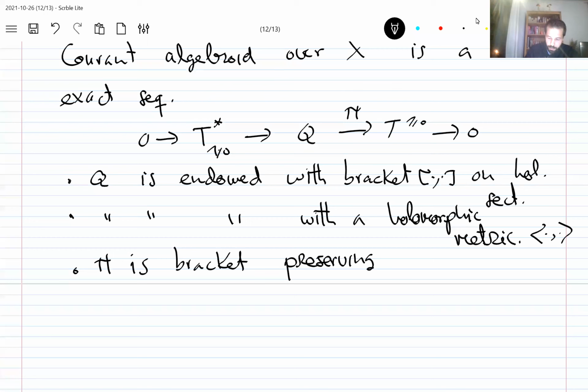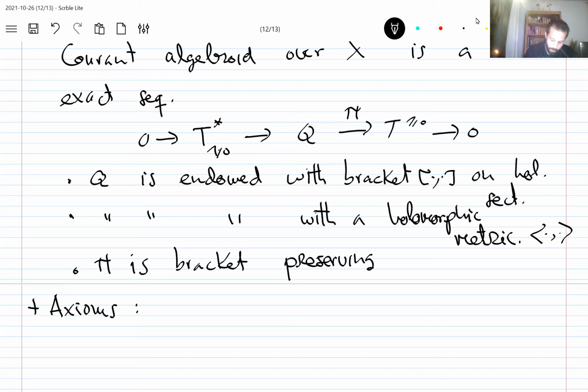There are these four different structures: the holomorphic exact sequence, the bracket, the pairing, and the anchor map. And they satisfy some natural axioms which are formally similar to the ones in the case of smooth Courant algebroids.